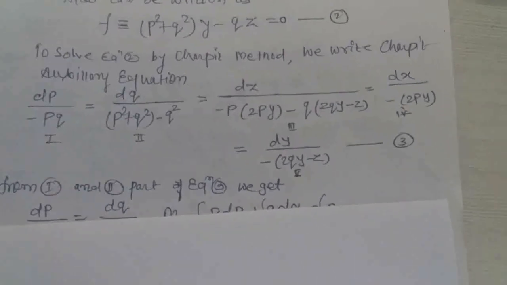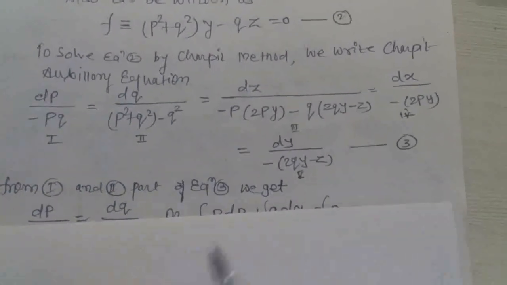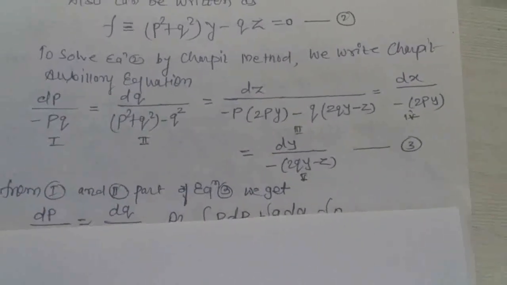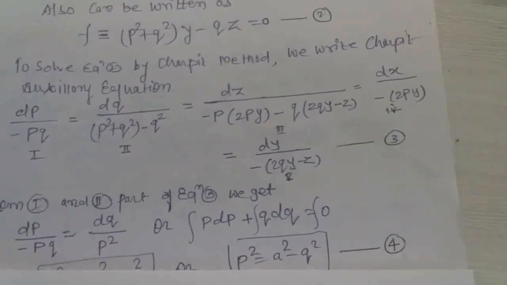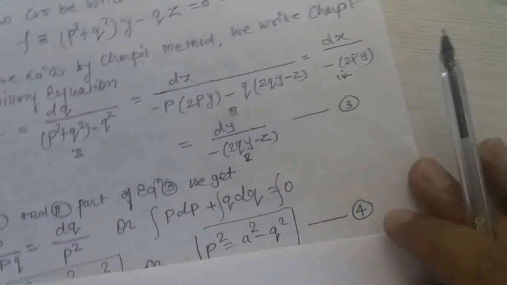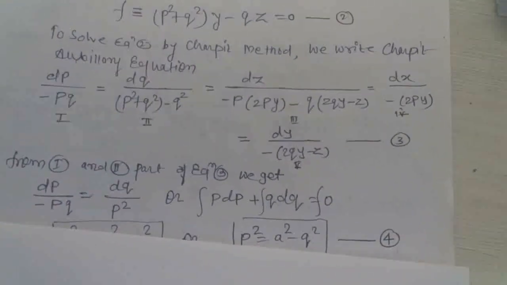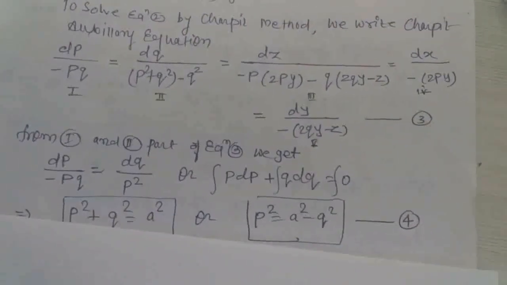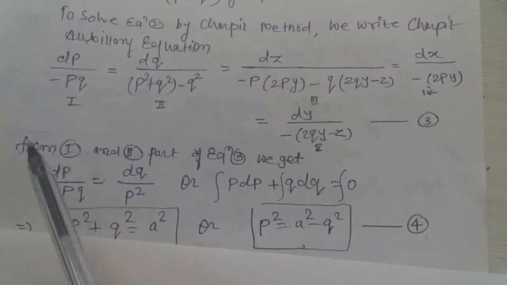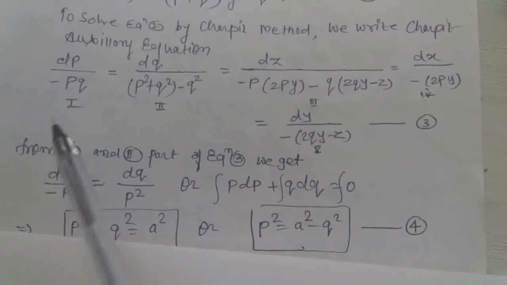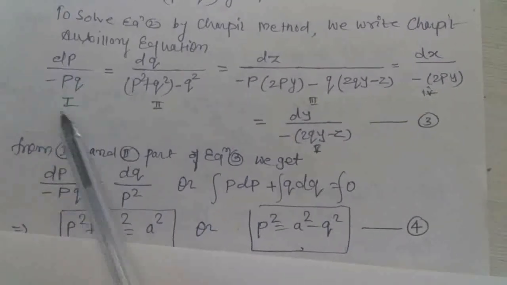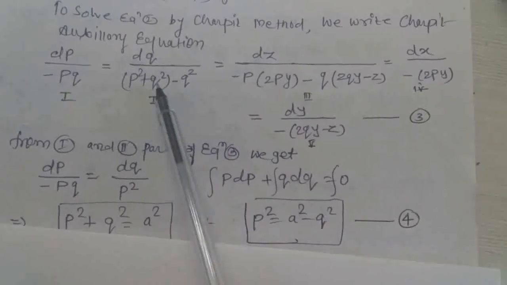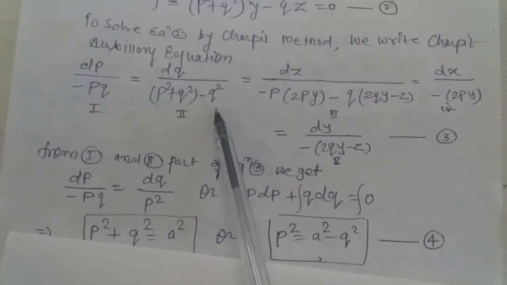Now we obtain the values of p and q from this Charpit auxiliary equation. So we take two parts which can be integrable, the first and second part. First part is dp by minus pq and second part is dq upon p square plus q square minus q square.